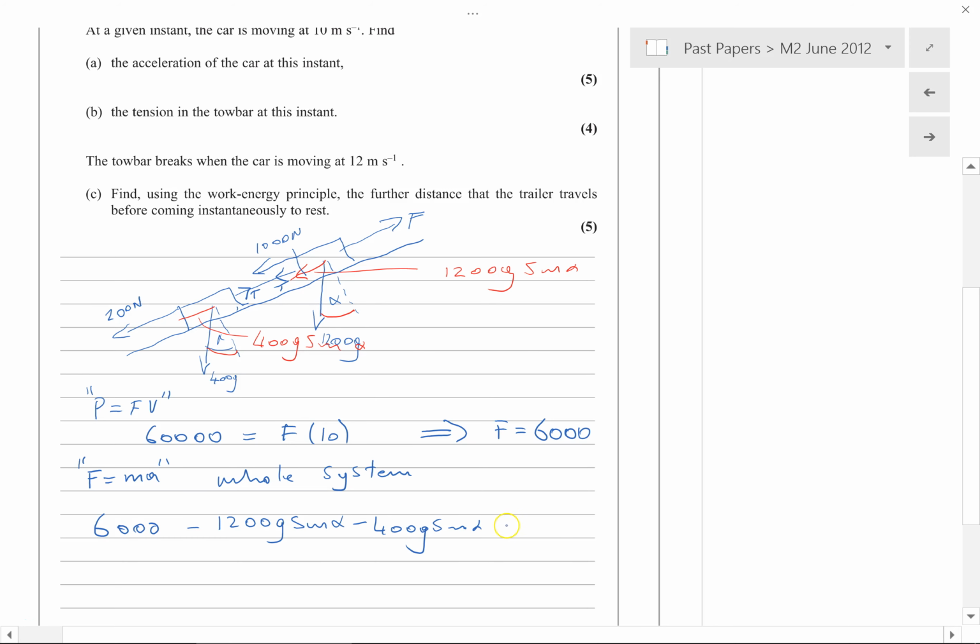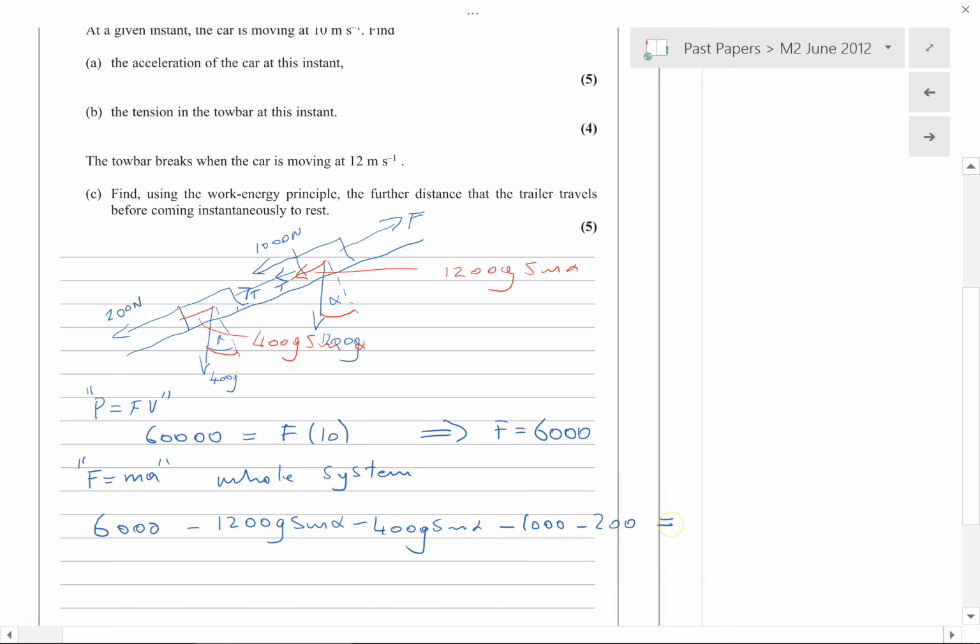Okay, let's not forget the two resistances. I would advise writing them down individually rather than combining them, because the way these things are marked is you mark for the correct number of terms in your first equation, so it is prudent to write down the forces like that. We can all see that's minus 1,200, but I wouldn't write that.